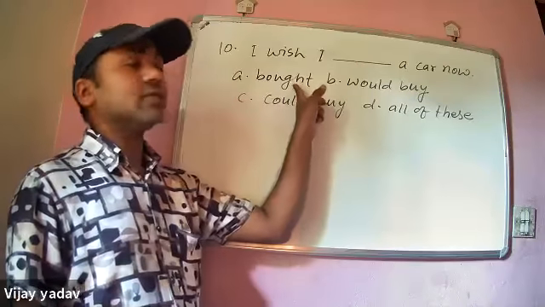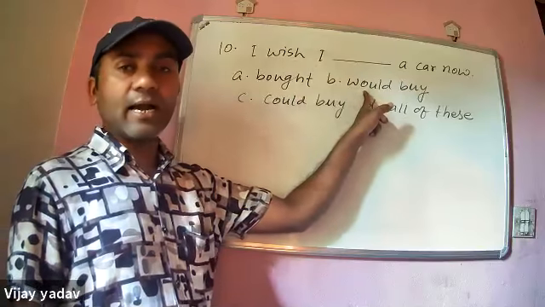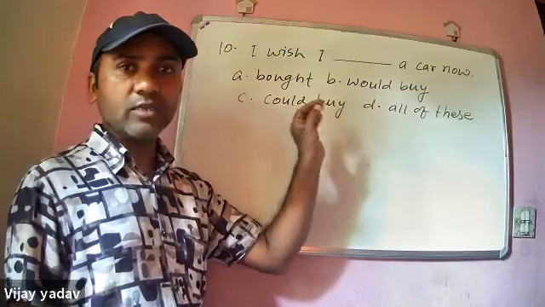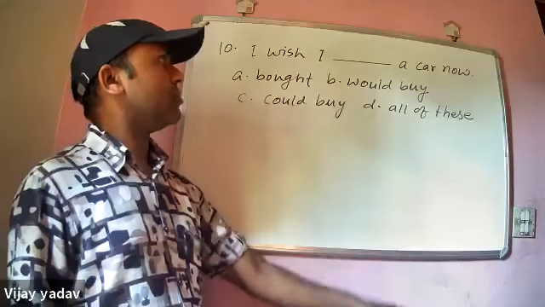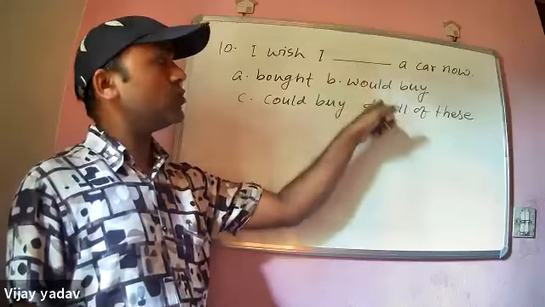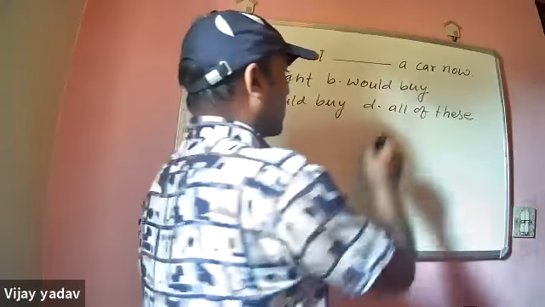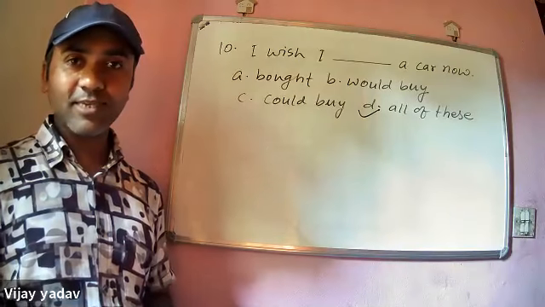Here, I wish I bought a car now. I wish I would buy a car now. I wish I could buy a car. All these are correct. Bought is also correct, would buy is also correct, could buy is also correct. So that's why the correct option is D, all of these. Isn't it?